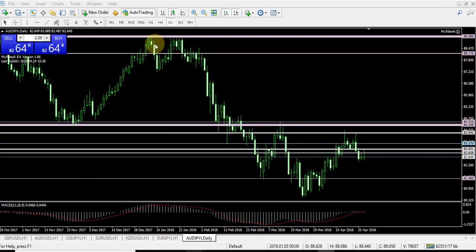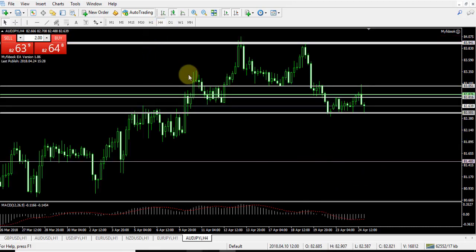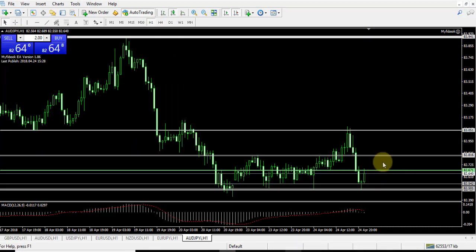So how I'll be looking to trade this is going down to the 1 hour chart. Basically, if price comes back into this level of resistance here, I would actually be looking to get into a trade. So I'm expecting a pullback into these levels.